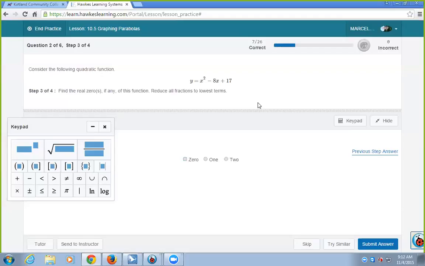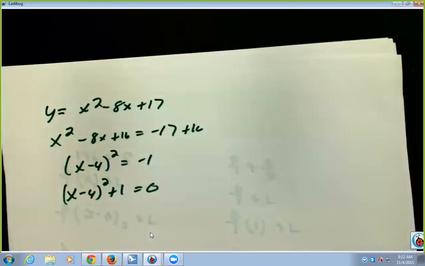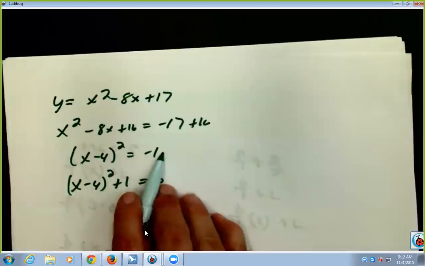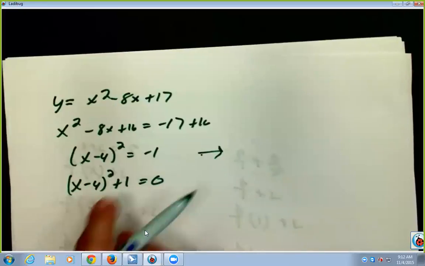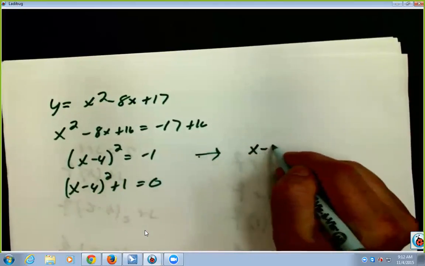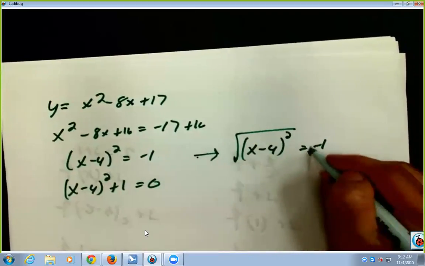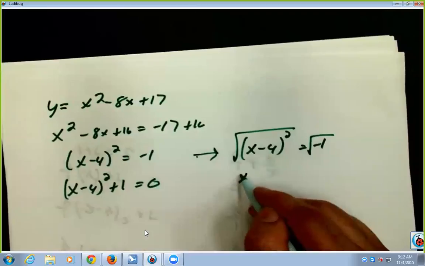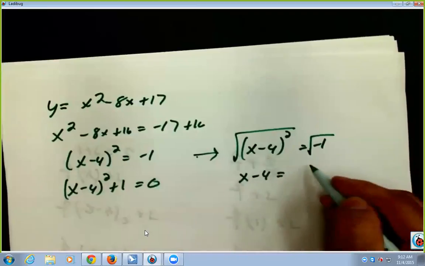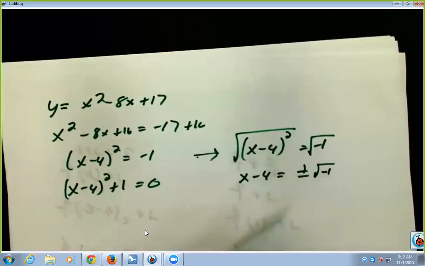So if we go back over here, let me go back to my ladybug stuff. And if I go back to this step right here, that step, and if I take x minus 4 squared equals negative 1, and you take the square root of both sides, you are going to find out that x minus 4 is equal to a plus or minus the square root of a negative 1.